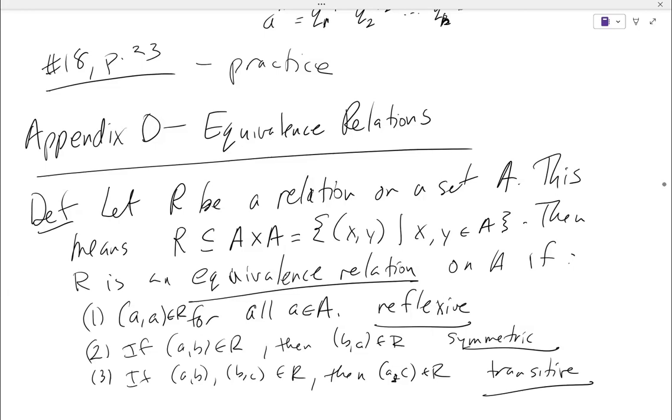So even though this is how it's defined, usually we use the tilde notation, which makes things a little bit simpler.